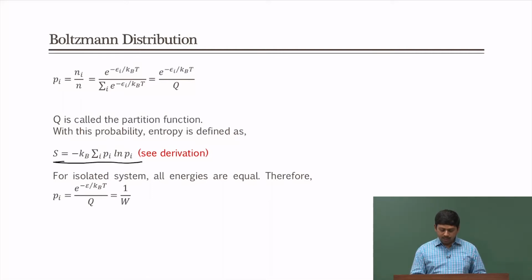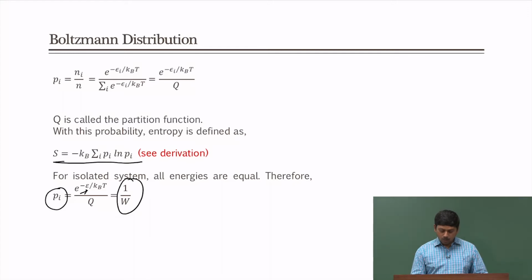So, if all energies are the same, then instead of E_i I can write simply E for all probabilities, and it will be nothing but e to the power minus E by k_B T, divided by q, or 1 by W. Why? Because all probabilities are the same. So, if there are W number of microstates possible, then the probability of each microstate will be 1 by W, because they are all equal.